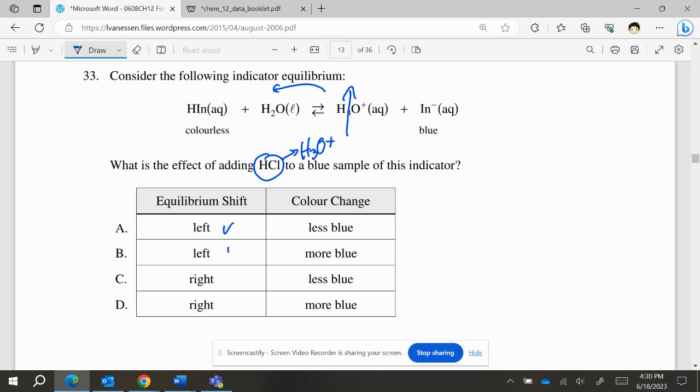More importantly, the amount of blue will decrease and the colorless will increase. So it'll be less blue. That's my answer.